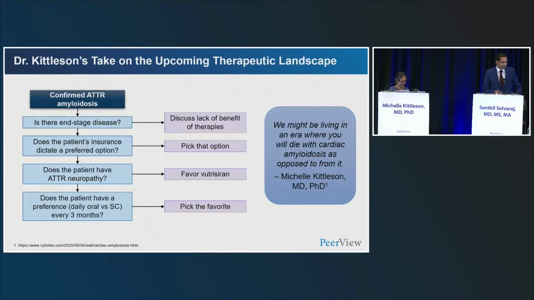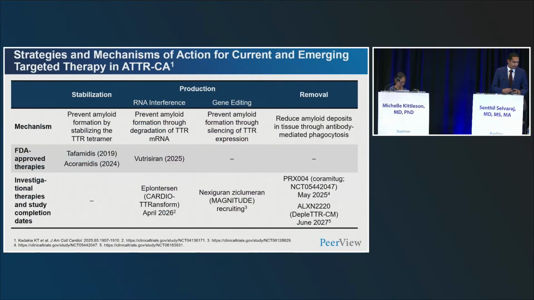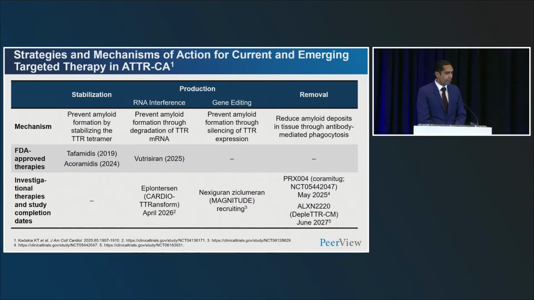Thank you, Dr. Kittleson. So let's talk a little bit about the other therapies that are in the pipeline. So we've talked about tafamidis, acoramidis, and vutrisiran. Eplontersen is being studied in CARDIO-TTRansform that is slated to read out next year, and that'll have an even higher percentage of patients who are on background stabilizer therapy.